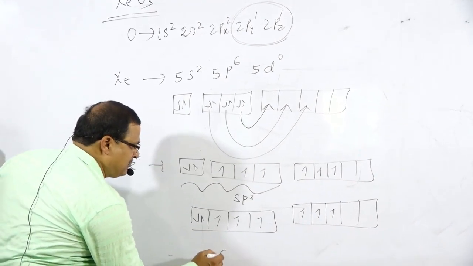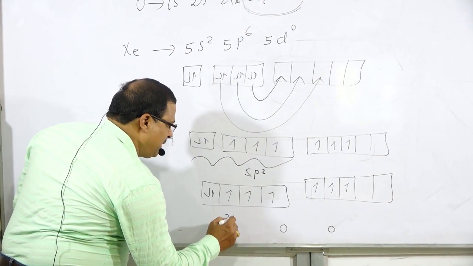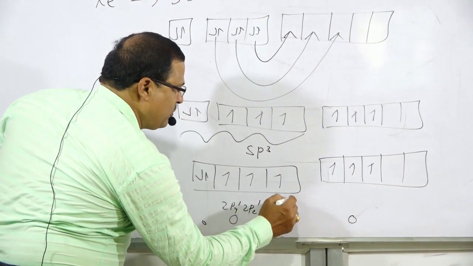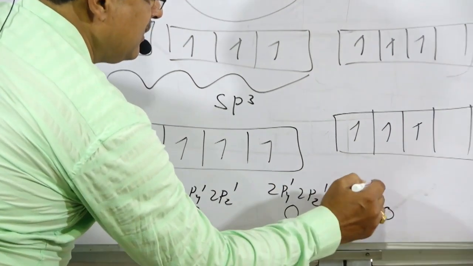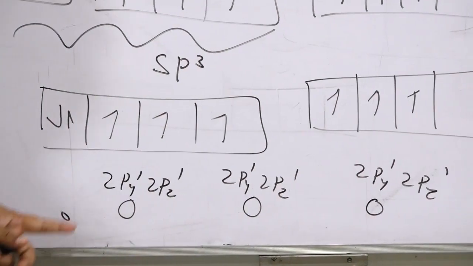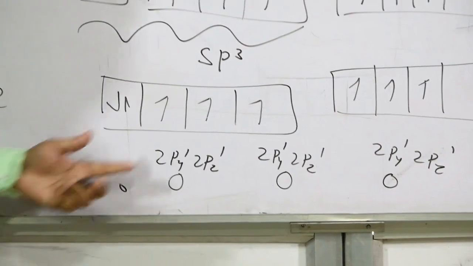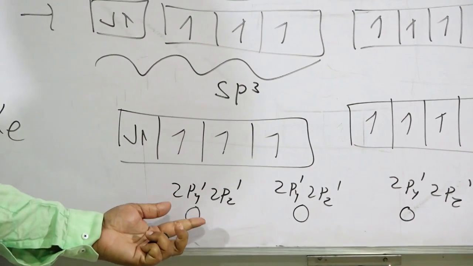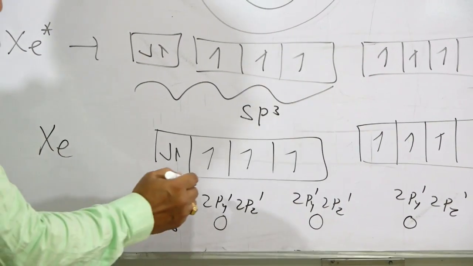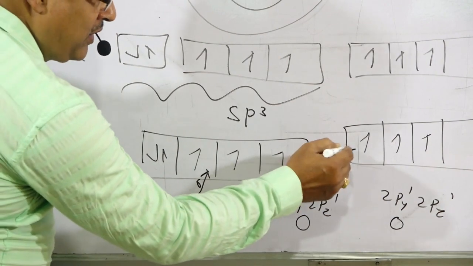So the oxygen atom has 2p y1, 2p z1. The same oxygen atom will form 2 bonds with the same central atom, one with hybrid to form sigma and one with unhybridized to form pi.